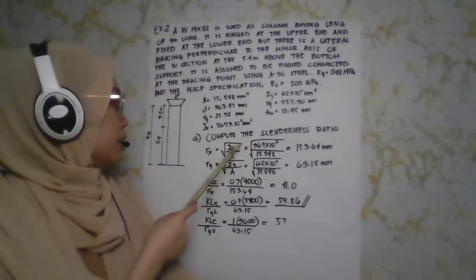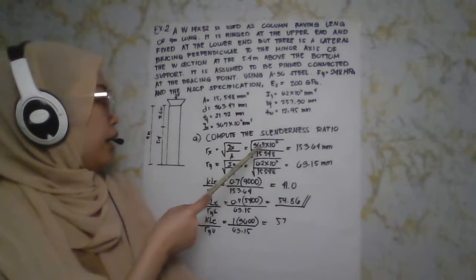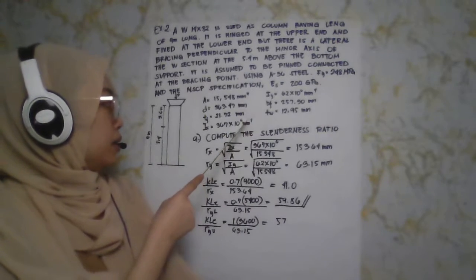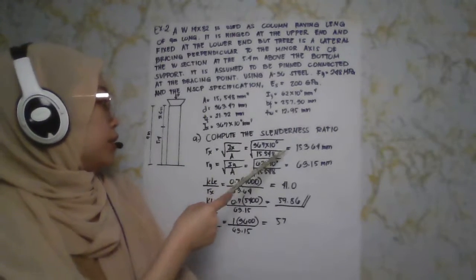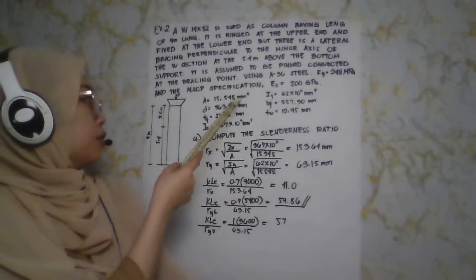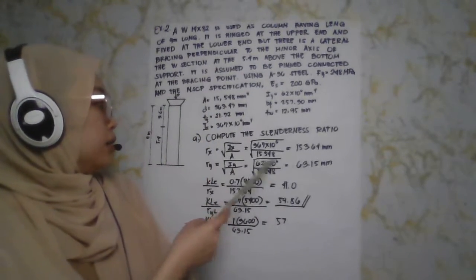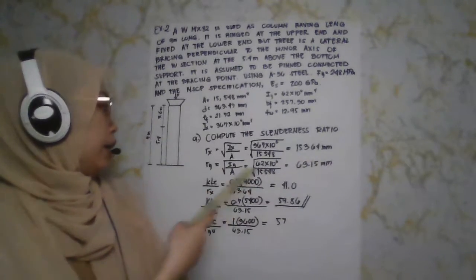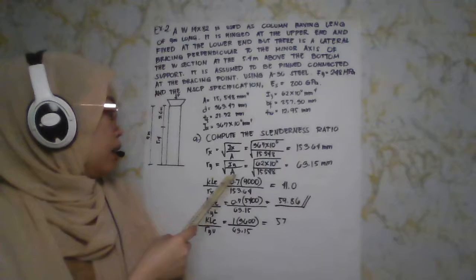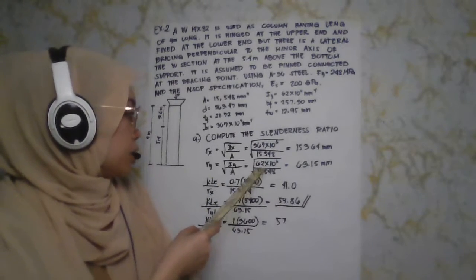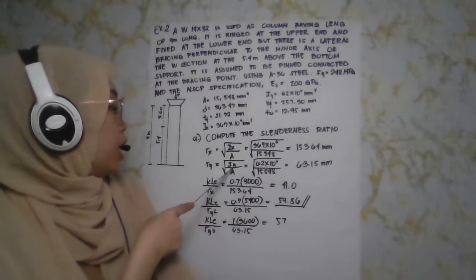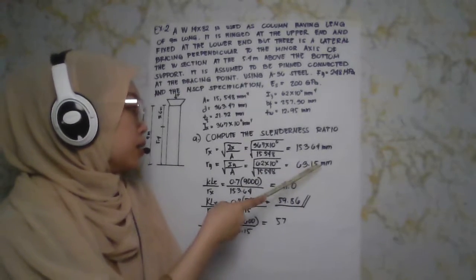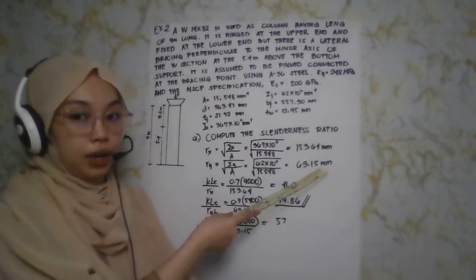So, substitute lang natin ang given natin dito na Ix, which is 367 x 10 raised to 6 over the area, 15,548, and ang makukuha natin ay 153.64 mm. And for the ry, substitute lang din natin itong Iy over the area. So, makukuha natin ay 63.15 mm.